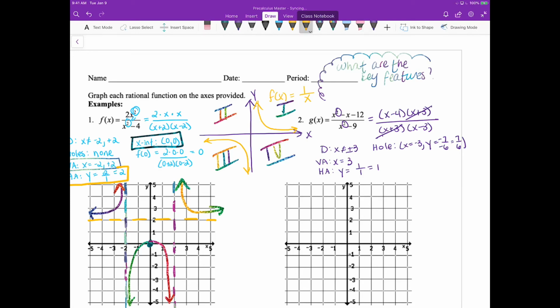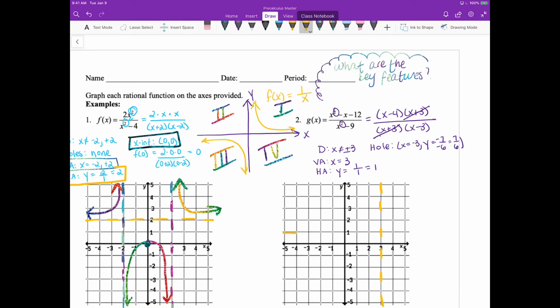So now we can graph everything. We've got our vertical asymptote at 3, our horizontal asymptote at 1, and our hole here at -3 and 7 over 6. And now we graph everything as close to the parent function as we possibly can.